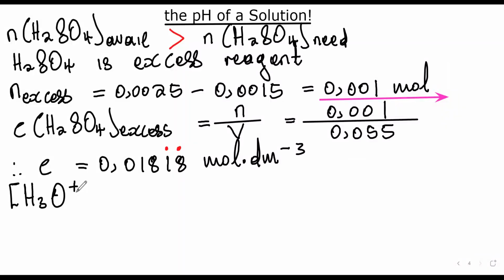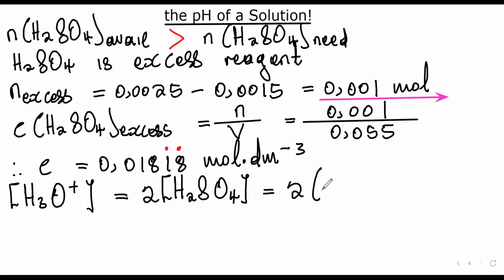But what we actually need is the concentration of the hydronium ions. We know that sulfuric acid is a diprotic acid, which means that the concentration of the hydronium ions will be twice the concentration of the acid. Please tell them this.